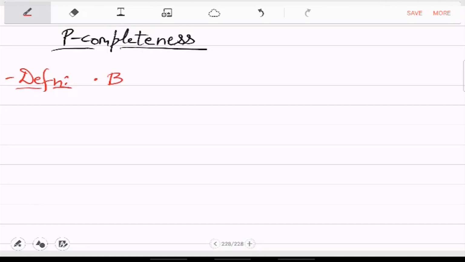We call problem B P hard if for any problem A in P, A can be reduced to B. Now, if we say polynomial time reducible, that will not give you anything interesting. We'll make it stronger. We'll say that within log space you should be able to reduce.